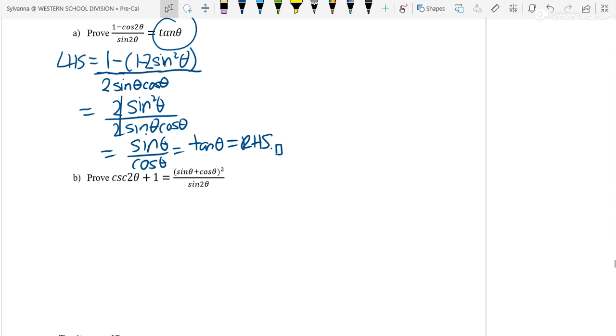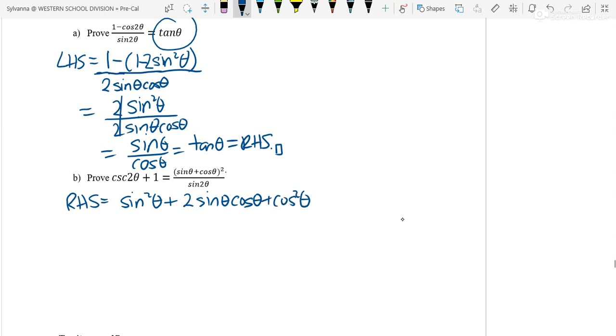Our most complex side looks like it'll be the right-hand side, so let's try that and see where it goes. Sine squared theta plus cos theta. I'm just expanding already. This would be 2 sine theta cos theta plus cos squared theta.